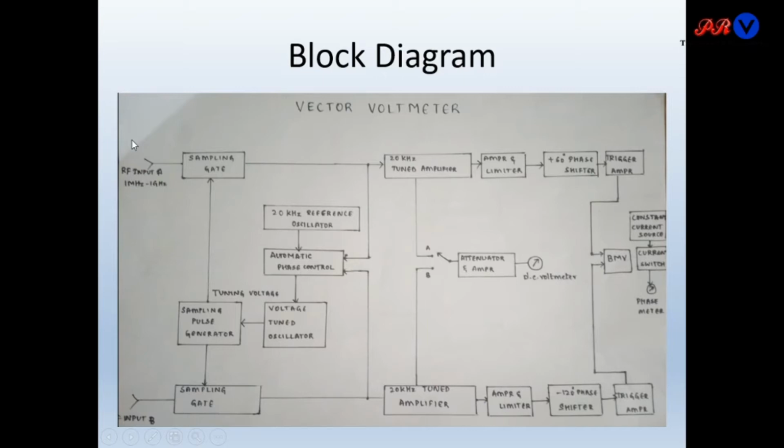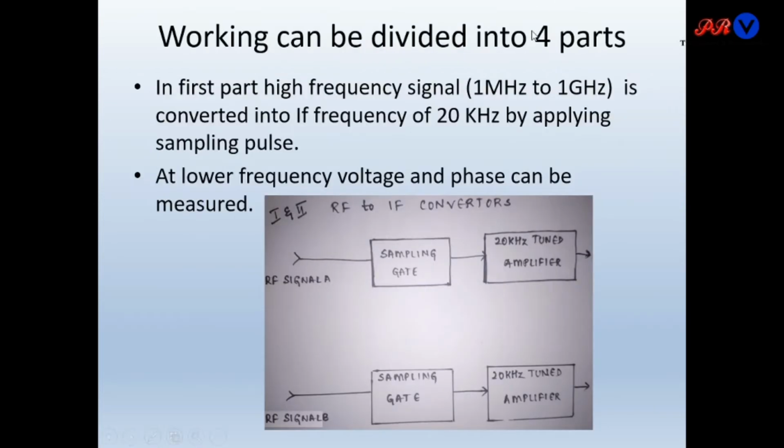Firstly, these are the inputs A and B which we want to measure, and this is the DC voltmeter where it will display the values of these inputs, and this is our phase meter which indicates the phase difference between these two inputs. So this is the overall block diagram, but we divide it into 4 parts for simplification or working purpose.